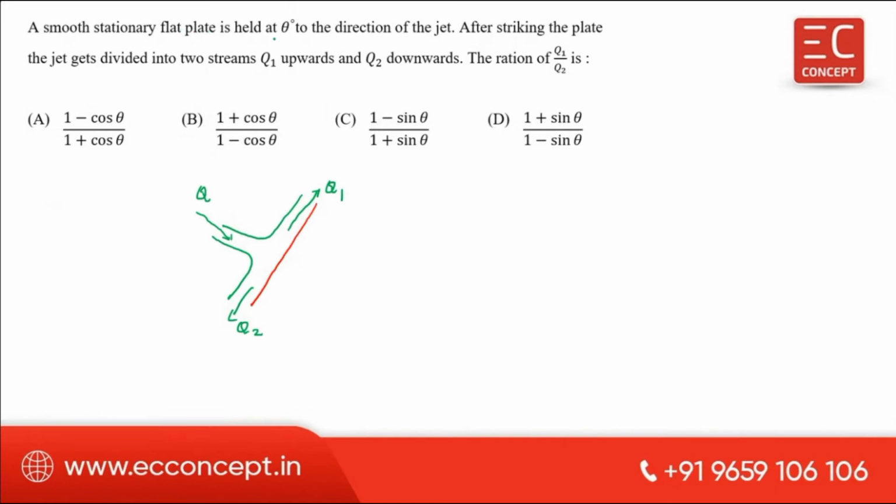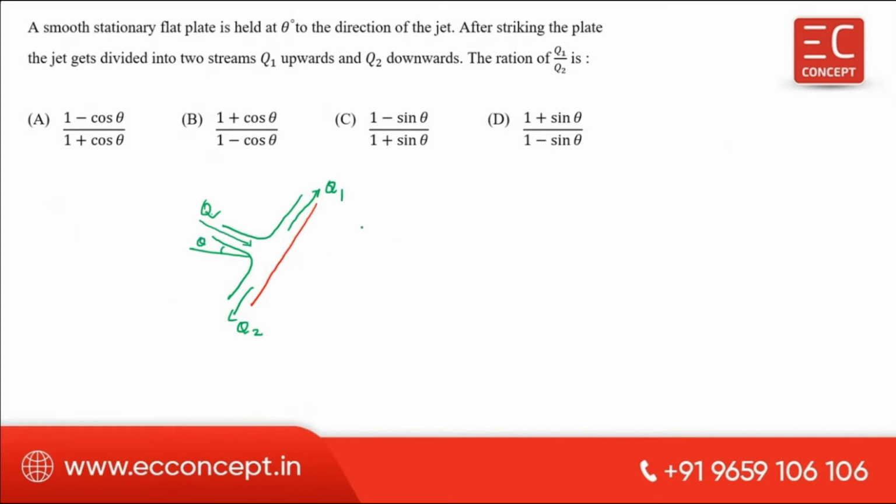Flat plate is held at theta degree to the direction of the jet. So this is the jet direction. Q is in this direction, therefore it makes theta angle with respect to the jet.